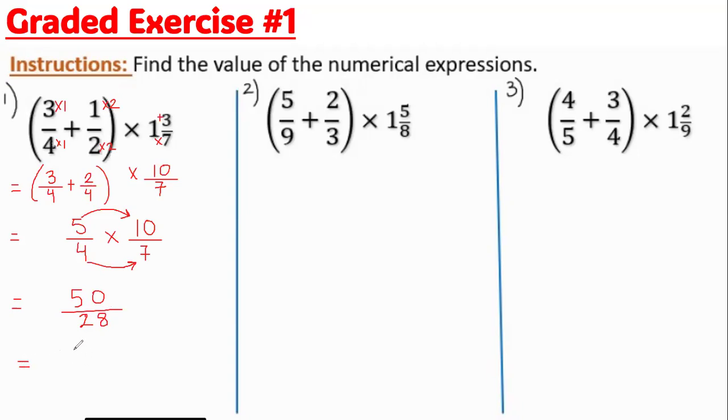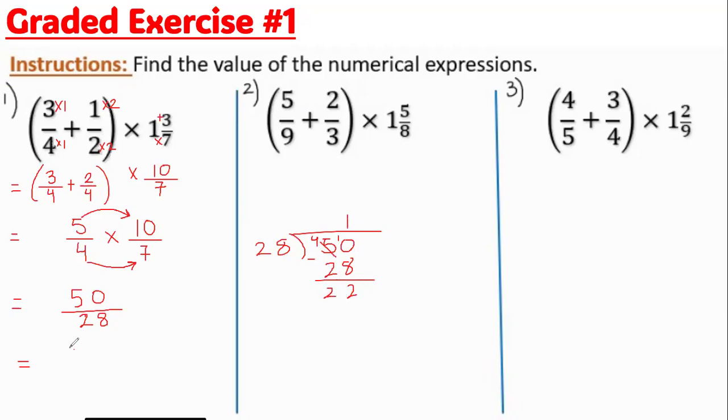And so when we simplify this, it's going to be equal to what? 50 over 28. So we say 28 goes into 50 once. 28 times 1 is what? 28. 50 minus 28, so we cancel, this becomes 4, this becomes 10. 10 minus 8 is 2. 4 minus 2 is 2.